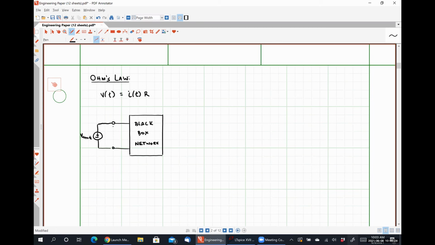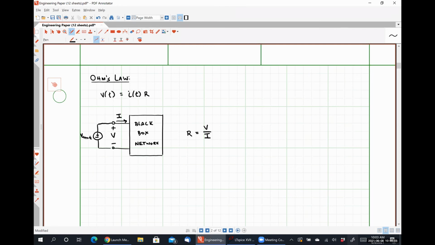We would be able to measure some voltage V across the terminals of our black box network, and we could measure some current I flowing into our black box network, and the resistance of whatever is inside this black box network is simply the ratio of V divided by I.